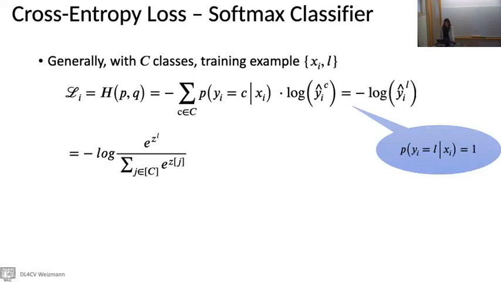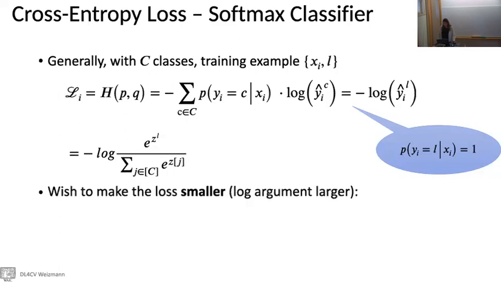If we plug in what exactly this entry of y hat is, we just put in the softmax function: the exponent of the score of this class divided by the sum of the exponents of all of the scores. If we want to minimize this loss, in another way, we want to make the argument inside the log larger, approaching exactly 1. There are 2 ways to do that.